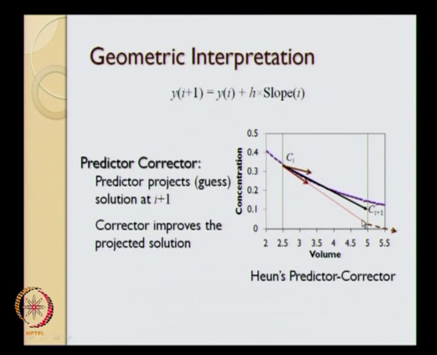This predicted value of Ci plus 1 is used to compute the new corrected value of Ci plus 1 the first time. This slope at Ci plus 1 is used to get the average again, Ci plus 1 second time, and so on and so forth. We use this prediction and correction multiple number of times in order to finally get Ci plus 1.